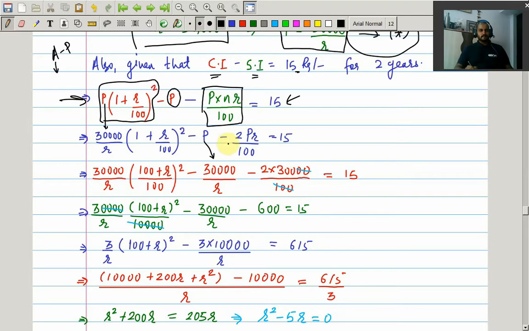In the next step, minus 2PR upon 100 is equal to 15. So in this equation, P is gone. I have replaced P by 30,000 upon R.